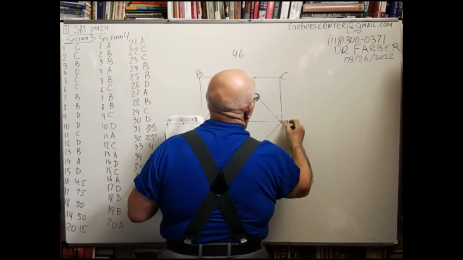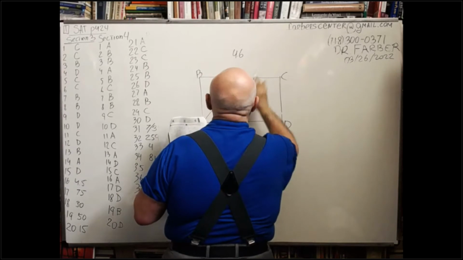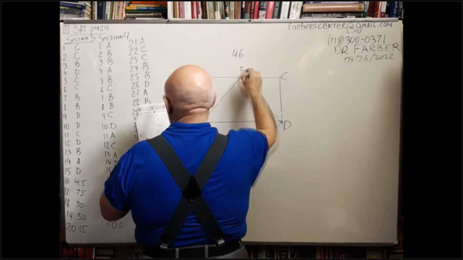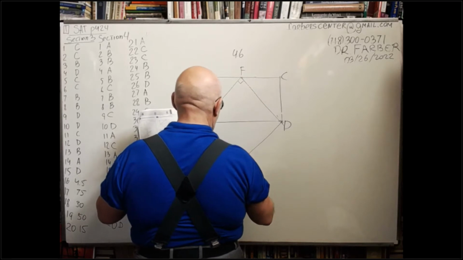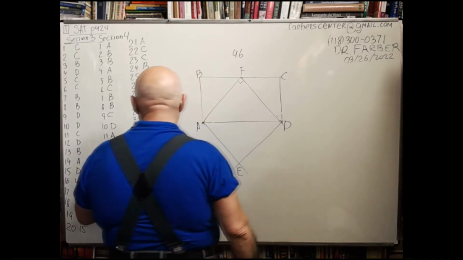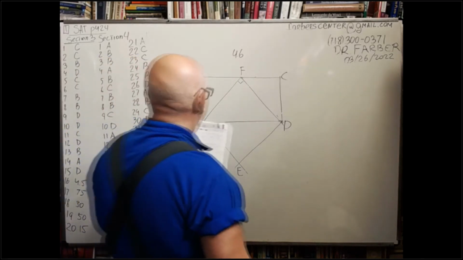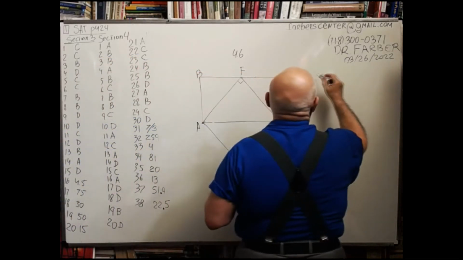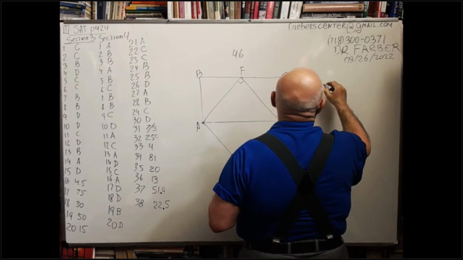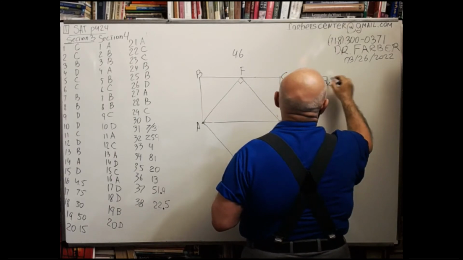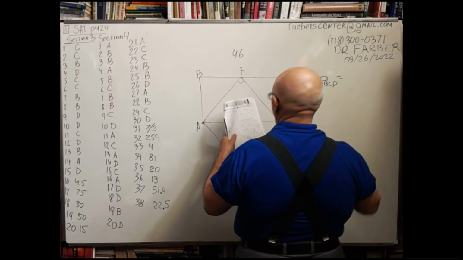CD is F, given E. Given the area of rectangle ABCD equals 25.